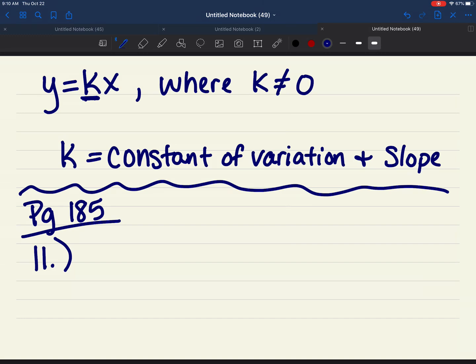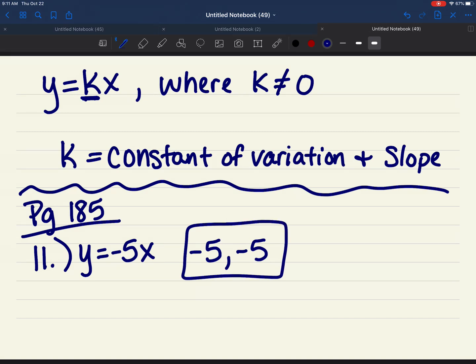So, somebody tell me, on number 11, what's the equation that it gives you? Okay, so what would be my constant of variation in this equation? -5. Okay, what's going to be the slope also of this equation? Now, am I going to ask you to take those 2 points and use y2 minus y1 over x2 minus x1?